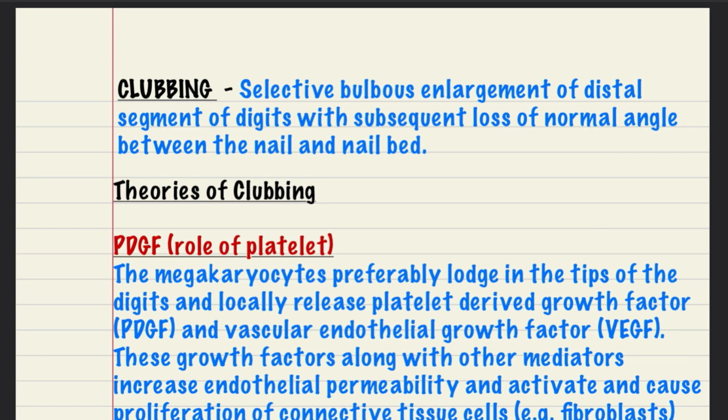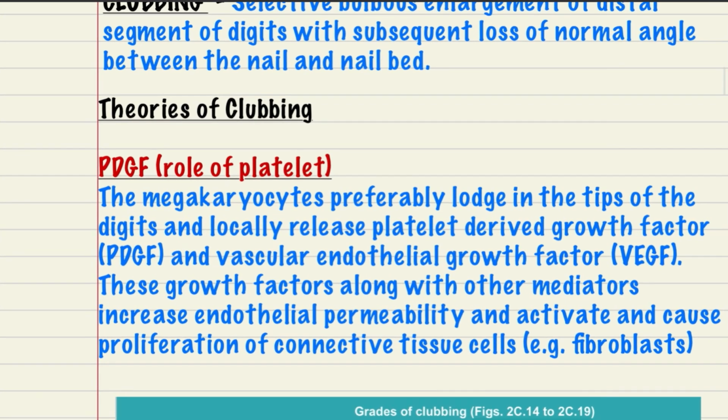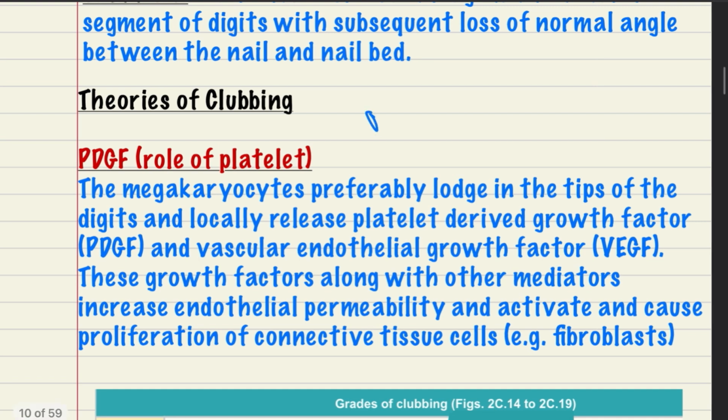There are many theories why clubbing occurs. The most important theories include the PDGF theory, which states that platelets go into the nail bed, and in the nail bed they release PDGF, the platelet derived growth factor, and the vascular endothelial growth factor.